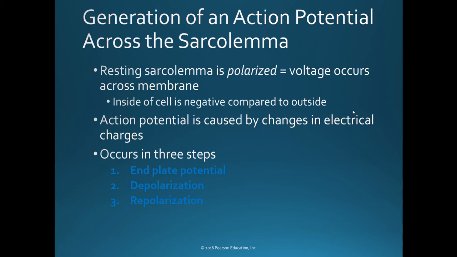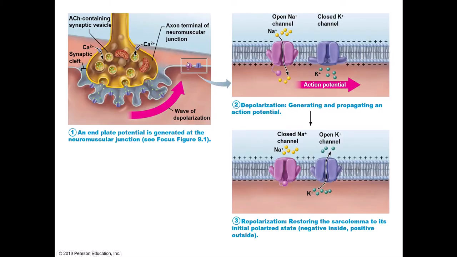So once we have our end plate potential, we have to get it to spread. That spreading is a depolarization that travels along the length of the membrane. We created our end plate potential through the stimulation from the nervous system. That depolarization wave then spreads outward in both directions. We're only looking at one direction here.